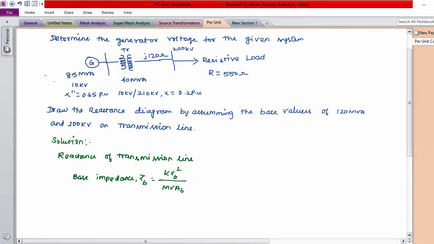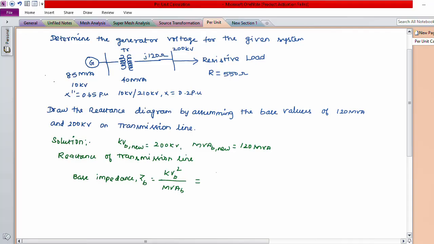So in this problem, the given base values, we can note them as KVB new equal to 200 kilovolt, MVAB new equal to 120 MVA.